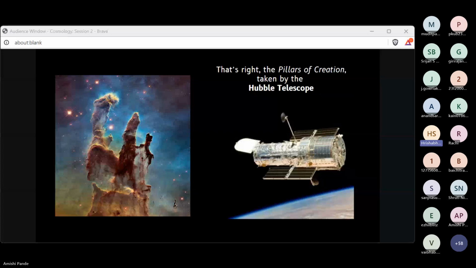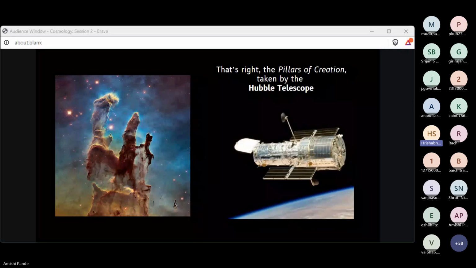Now you can move to the next slide. Amish, you can move to the next slide.